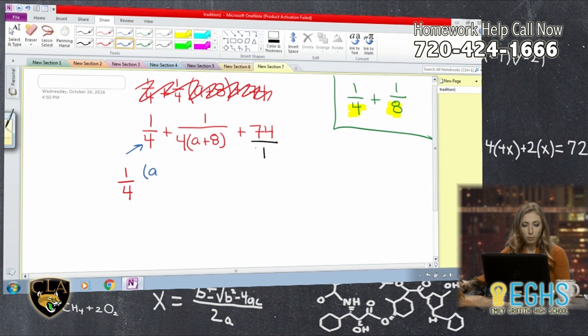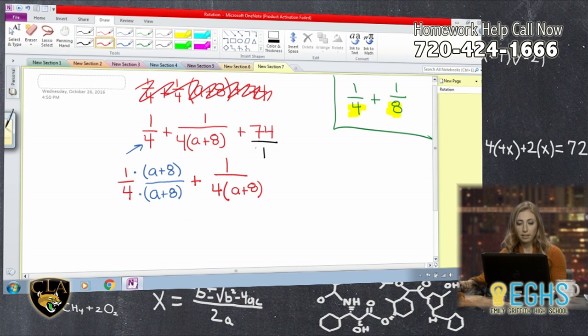So I'm going to multiply both the numerator and denominator by a plus 8 over a plus 8, to get this denominator, this 4, to be the same as the other denominator, giving us common denominators. Then the fraction in the middle does not need anything else added to its denominator to make it the same as the first fraction.